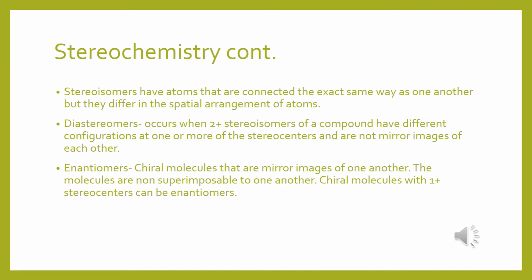Diastereomers occur when two or more stereoisomers of a compound have different configurations at one or more of the stereocenters, and they are not mirror images of each other. Enantiomers are chiral molecules that are mirror images of one another. The molecules are non-superimposable, and chiral molecules with one or more stereocenters can be enantiomers.